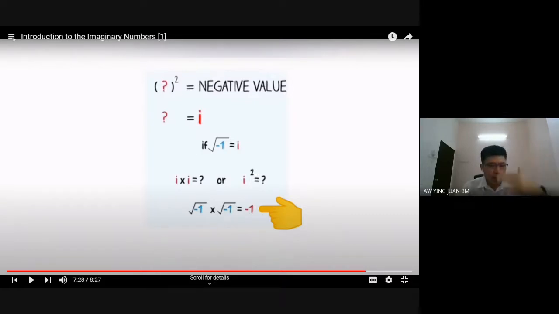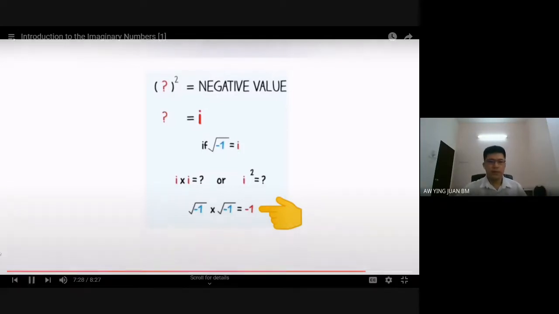Tulis di mana-mana sahaja helaian kertas, atas ke bawah ke kiri ke kanan, tulis i squared is equal to negative 1. So, tak perlu pergi fikir kenapa. Just that setiasa kalau nampak i squared, it is a negative 1. Nak buat hidup you senang hati. Ingat i squared negative 1.